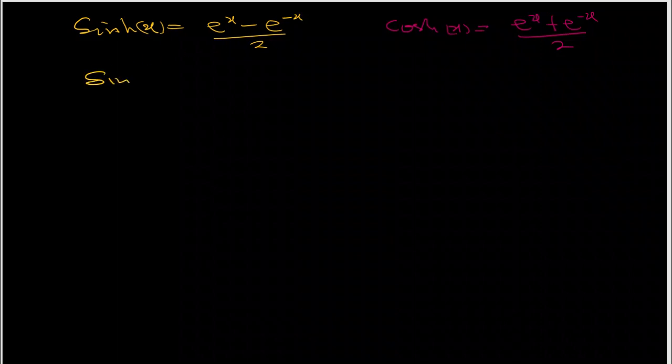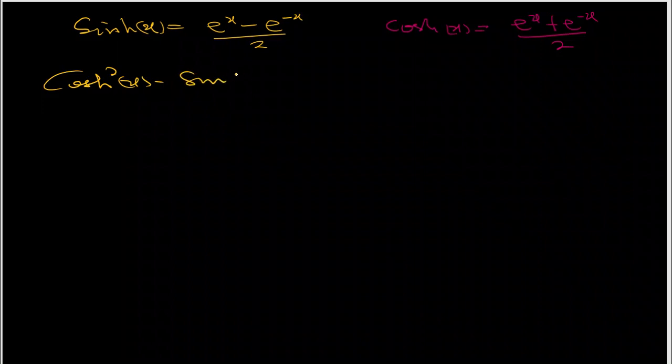The first identity is cosh square x minus sinh square x, which should give us 1. So we are going to replace them with the cosh and the sinh to see whether we will get 1.